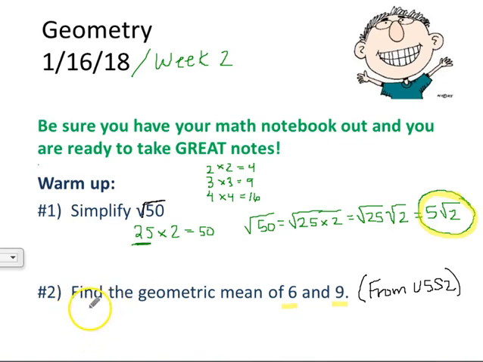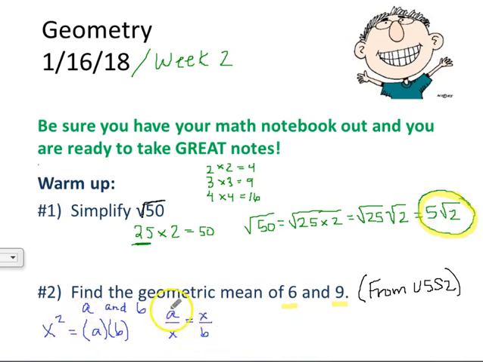If we have 2 numbers, let's say A and B, that we're trying to find the geometric mean of, then it follows this pattern that the geometric mean, if it's x, x squared is equal to A times B. And then another way that we were introduced to the geometric mean is through a proportion, that if we have A over X, remember X being the geometric mean, and X over B, that we can set up a proportion and solve for X.